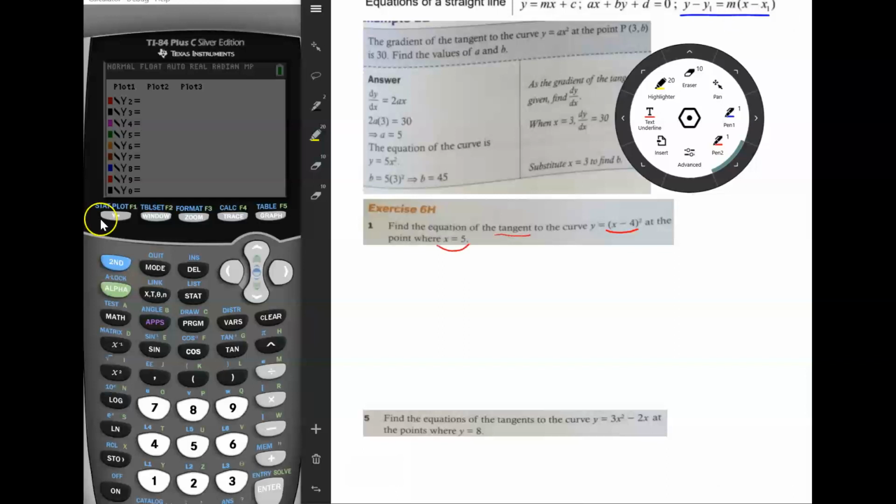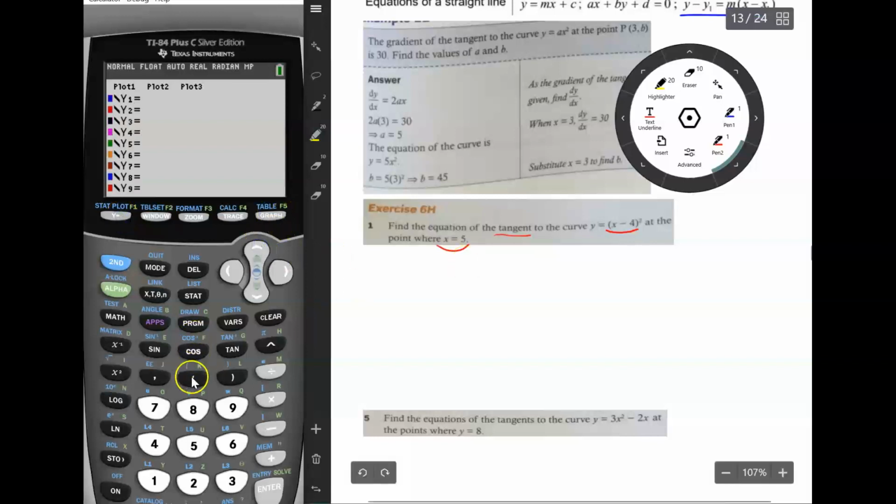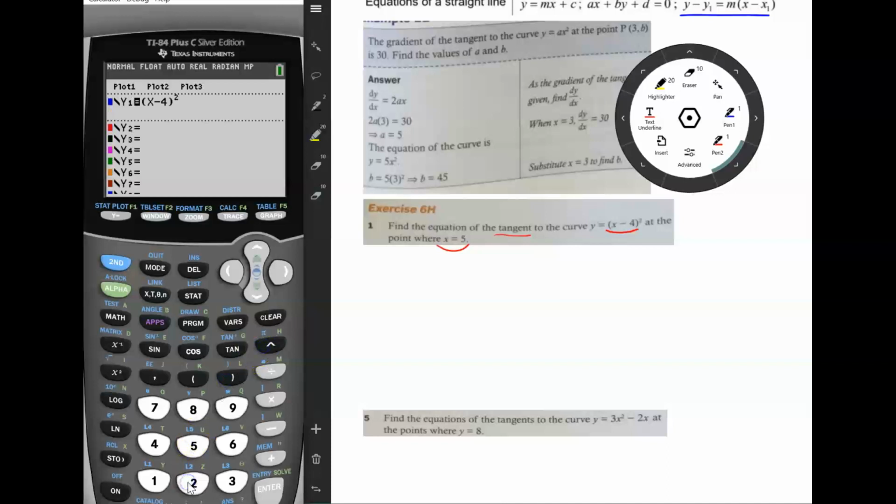Like we did last class, we go to y1 and program in the function itself, which is (x minus 4) squared. And then we graph it. Then we do second draw tangent, which is number 5.